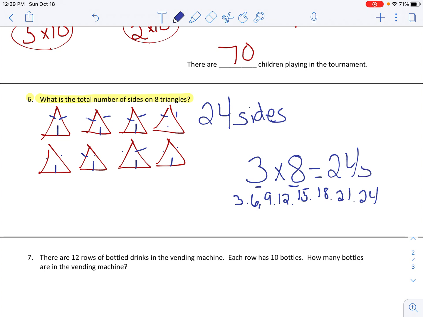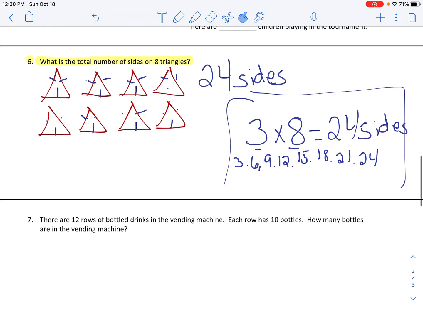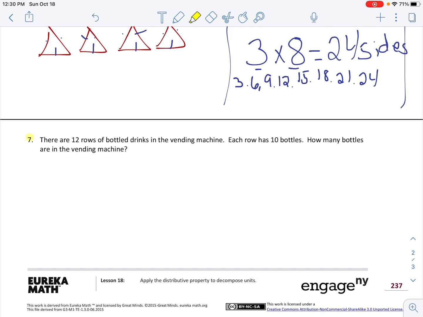I already knew that, so I don't need to draw the picture. Whatever way your brain is working is okay. 24 sides for right now. Eventually, we're all going to get to this point where we're not having to draw the pictures anymore, but for right now, draw the picture if you need to.